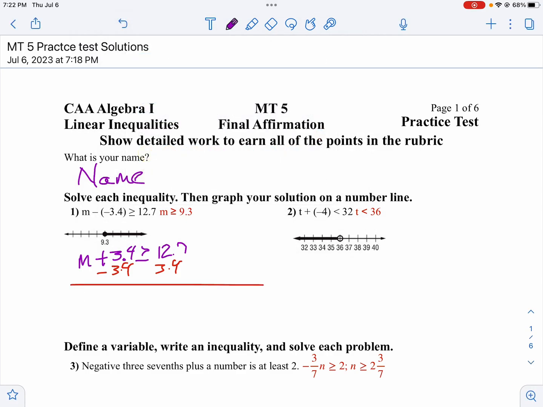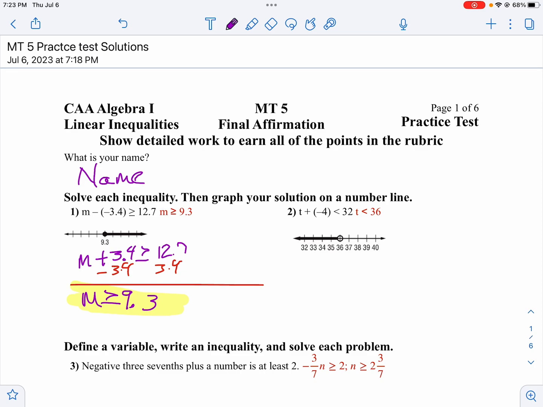Since we're adding and subtracting, we keep the inequality exactly like it says. 12.7 minus 3.4: 7 minus 4 is 3, and 12 minus 3 is 9. So m is greater than or equal to 9.3. So we put a closed circle on 9.3, and you should shade it to the right.